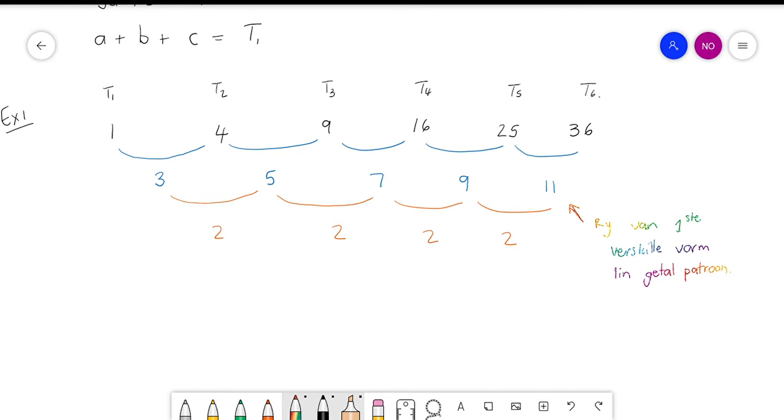As jy net hierdie stukkie nou isoleer, if you look just at that, do you see that that is a linear number pattern? That's also one of the characteristics of a quadratic number pattern. Dat sy eerste verskille gaan vir jou 'n lineêre getalpatroon gee. Want 'n lineêre getalpatroon se eerste verskille is konstant. So it works in levels mos, you know? Top level quadratic, the level below that is linear, and then below that is constant differences.